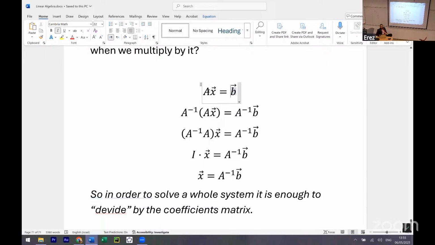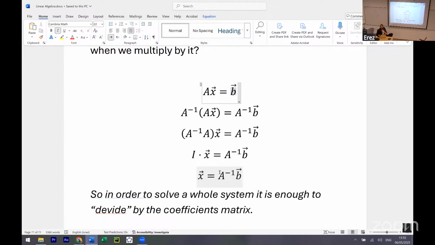Think of the coefficients as the rules of physics, and the constants as the data about the first speed, first location. So sometimes you need to solve the same system with different constants. So it's better to find the inverse one time and each time multiply by it.